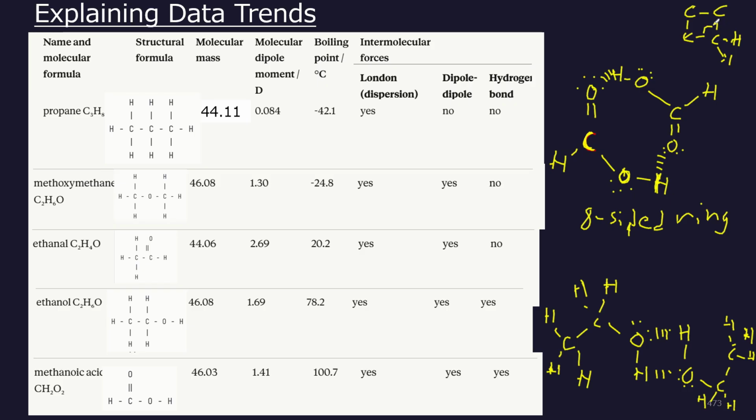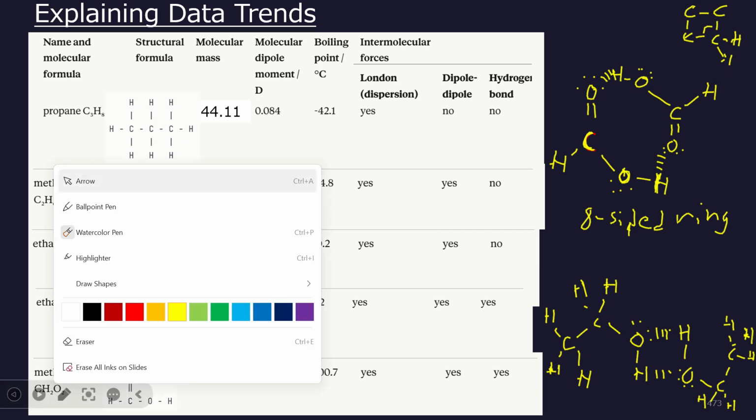So I think this is the best explanation for why methanoic acid has a higher boiling point. It has multiple positions available for simultaneous hydrogen bonding, which form a stable ring structure.